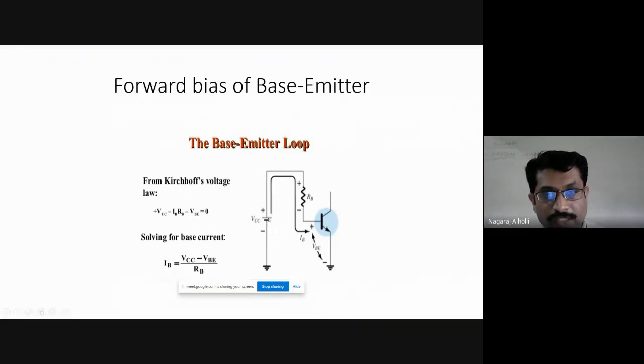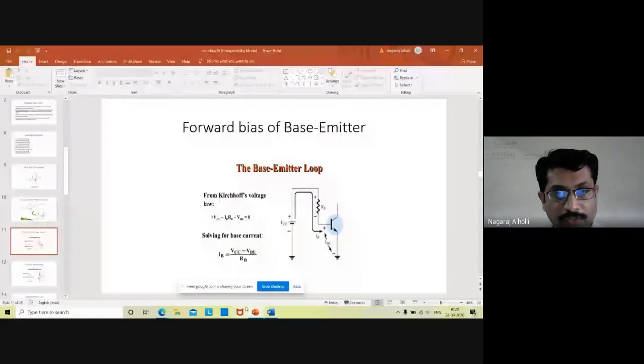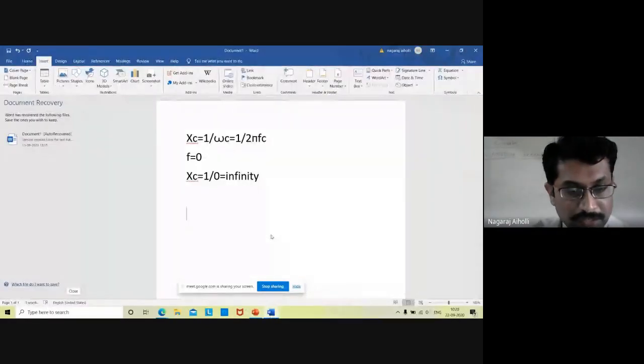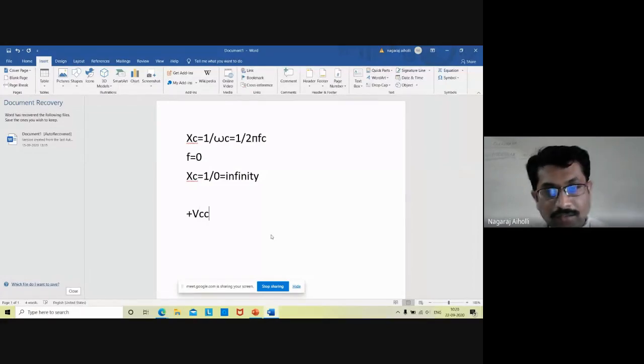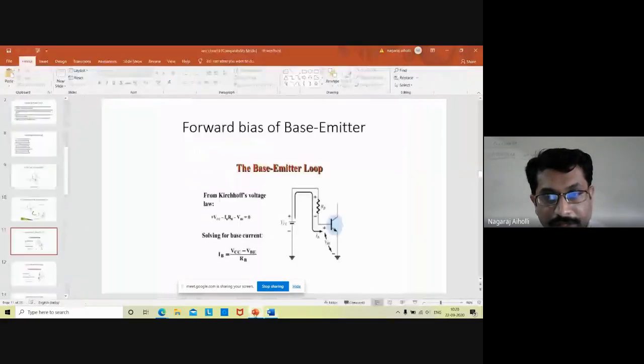Negative to positive, plus VCC. Then what else do we have? Positive to negative, decrease in energy, minus IB RB. The current flowing is IB, the base current. Current into the base terminal is the base current IB. So positive to negative, decrease in energy, minus IB RB.